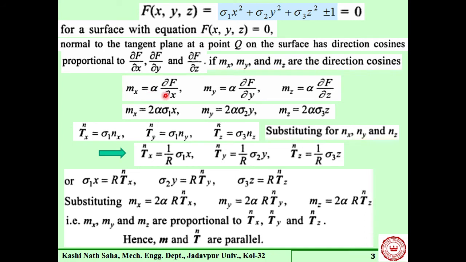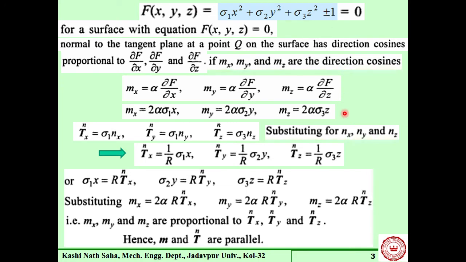So this is also valid for del f del y and this direction cosine my. My is also alpha into del f del y. This much is true. In all three cases, the proportionality constant will be the same for the case of direction cosine. But del f del x, del f del y values will come out from the equation of this surface. In our particular case, this is the surface equation. This much is clear?